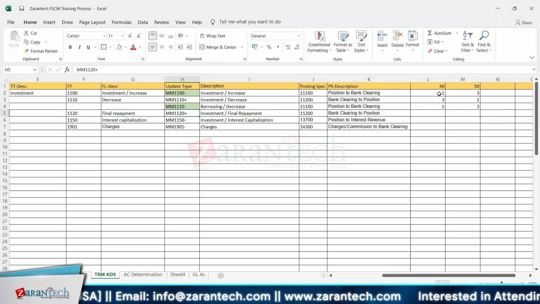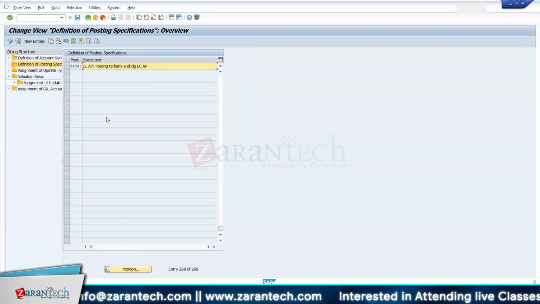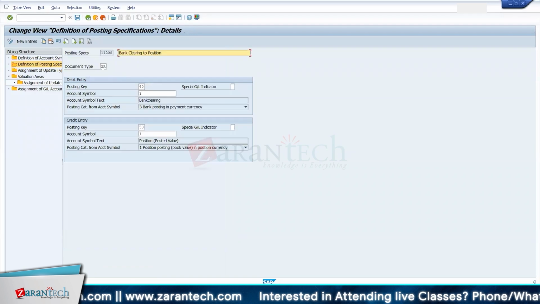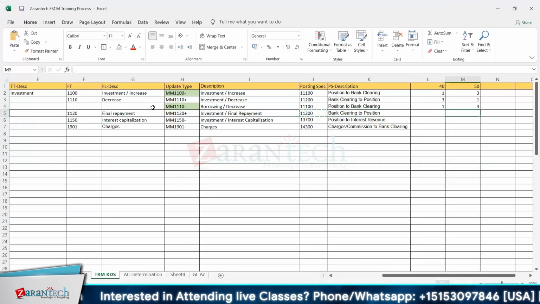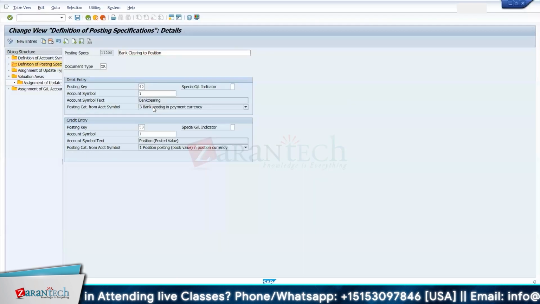Then we have final repayment. Change this document type to TR. So final repayment, bank account debit and your FD account credit. So it is 3 and 1.